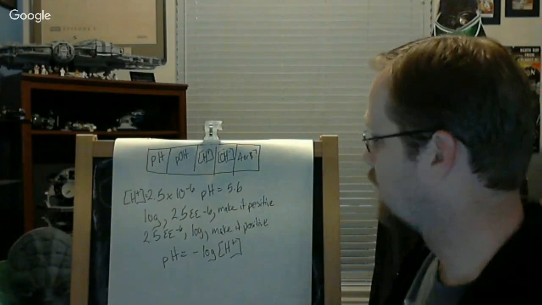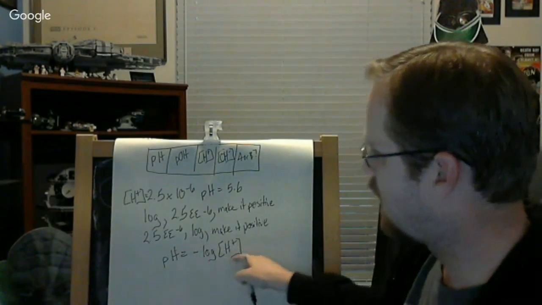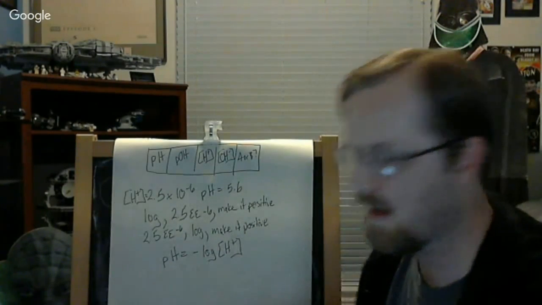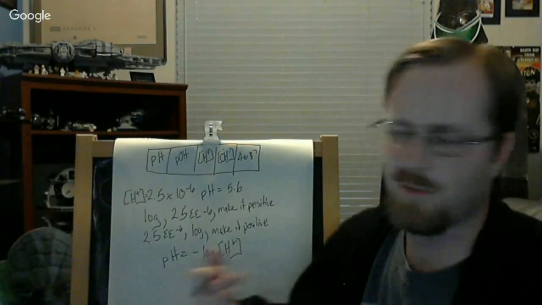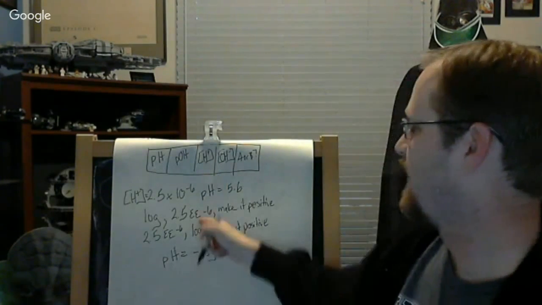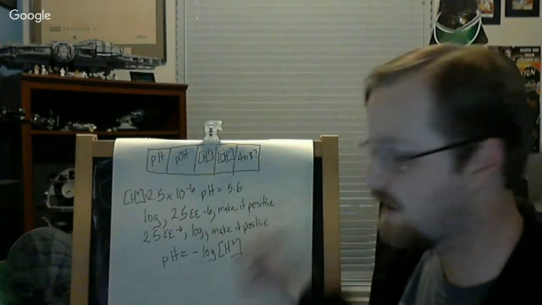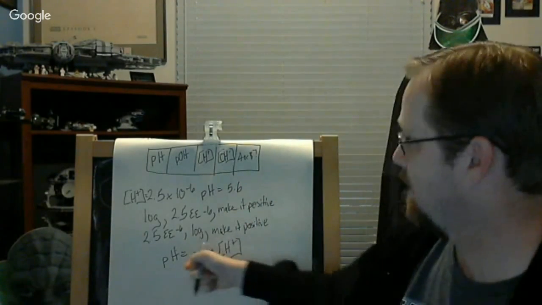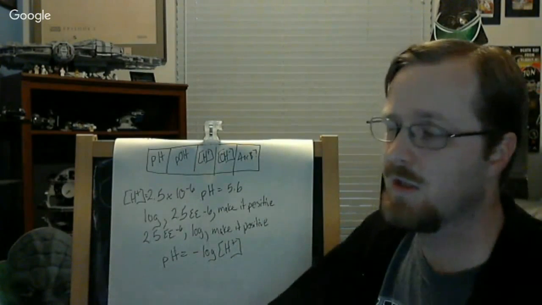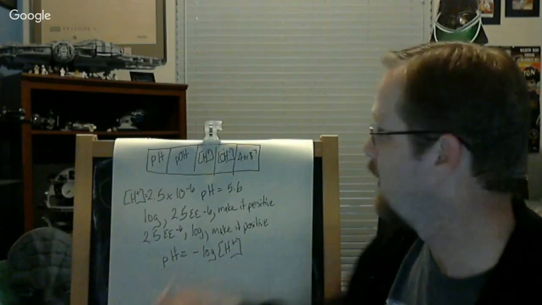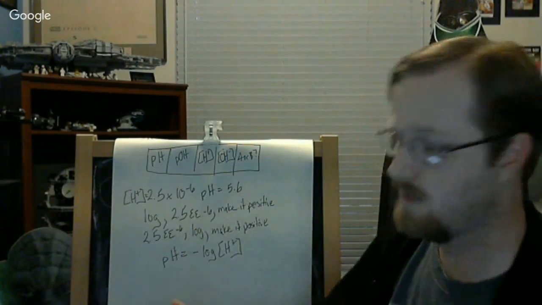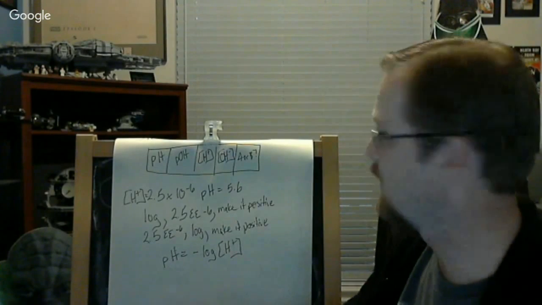So yeah, if you really want to, you can type in negative log of 2.5 times 10 to the negative 6, hit equals, you don't have to worry about that. For some reason, that's just not how my brain works. So that's why I do it like this. But yes, if it makes more sense for you to type negative log and then that, by all means do that. There's nothing wrong with it. We're still going to end up with the exact same answer. As long as you end up with 5.6 doing it your way, then it really doesn't matter. Okay, so hopefully that answers that question.